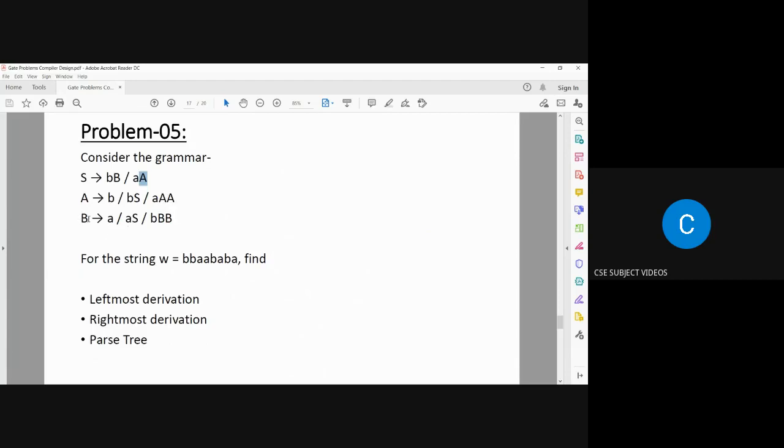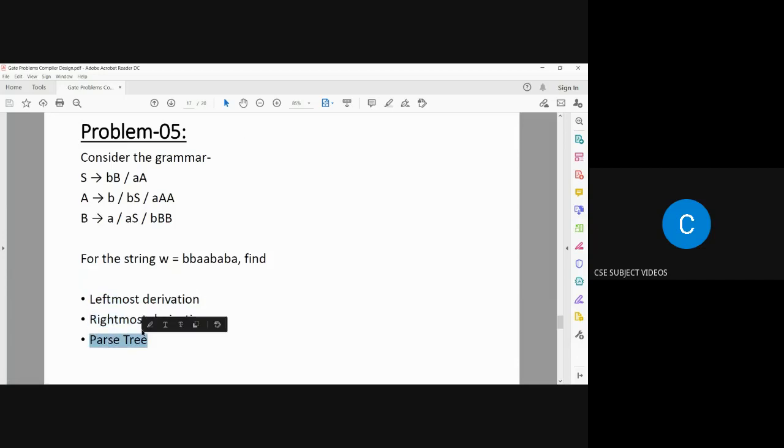And the next production, B derives A, slash A non-terminal S, slash terminal B non-terminal BB. For the string W equal to B B A A B A B A, with this input string, find the leftmost derivation, rightmost derivation, and parse tree.